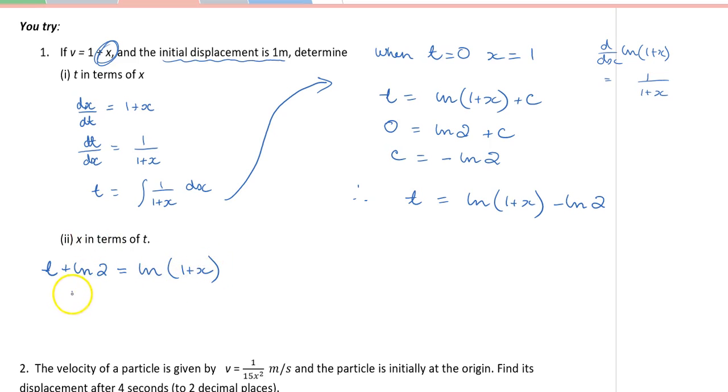So that number, 1 plus x, was e to this power, t plus log of 2, and that gives me that x is e to the t plus log 2 minus 1.